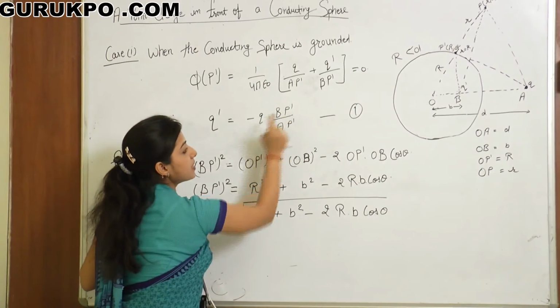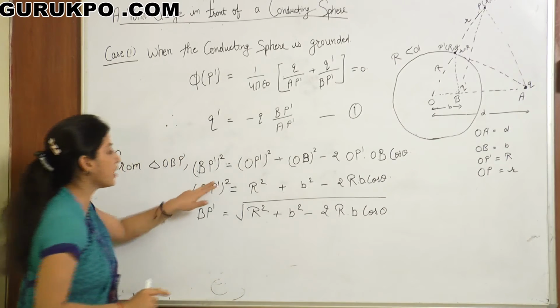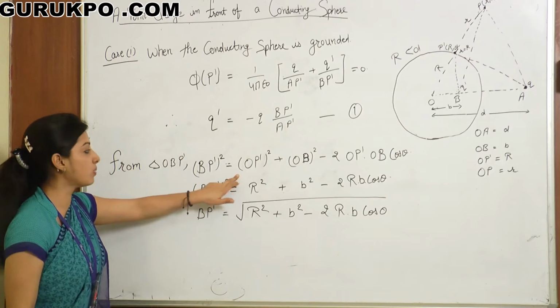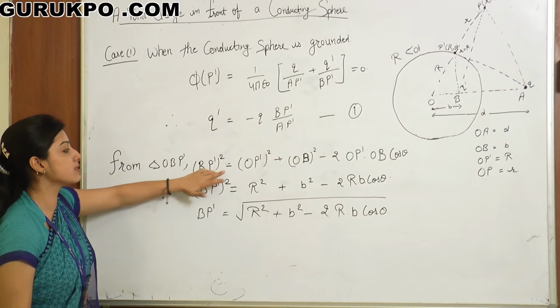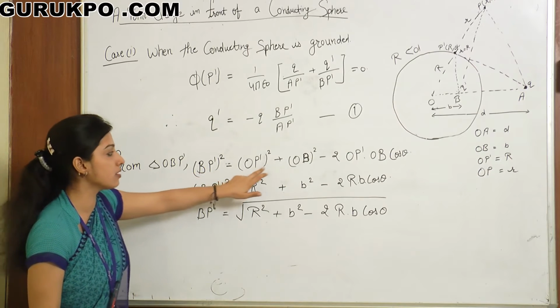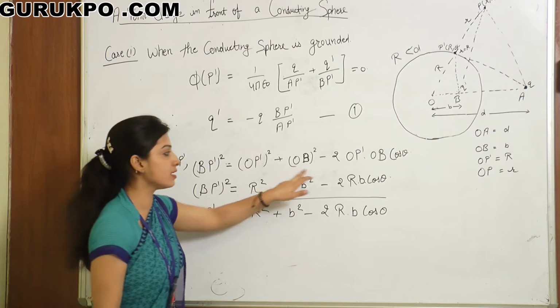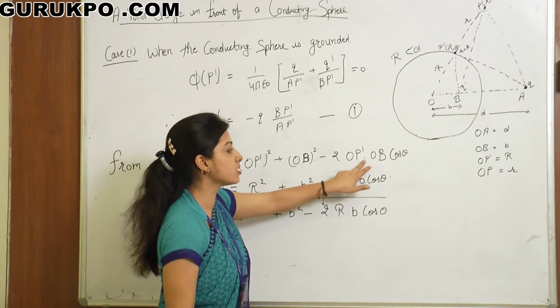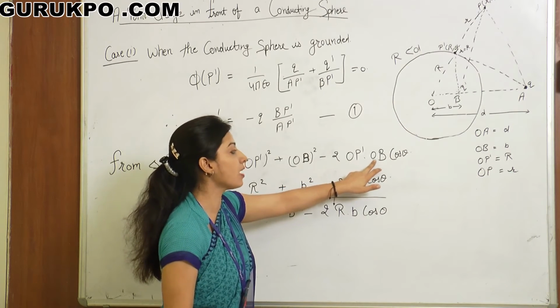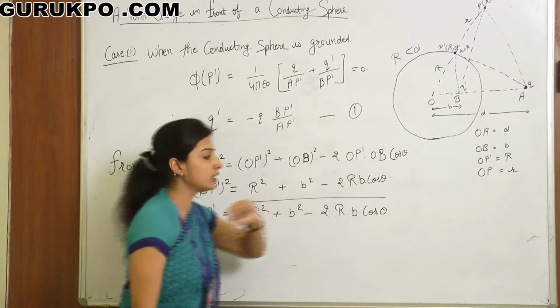Similarly, BP dash can also be found with the help of the distance formula, that is BP dash square equals OP dash square plus OB square minus 2 OP dash times OB cos theta.